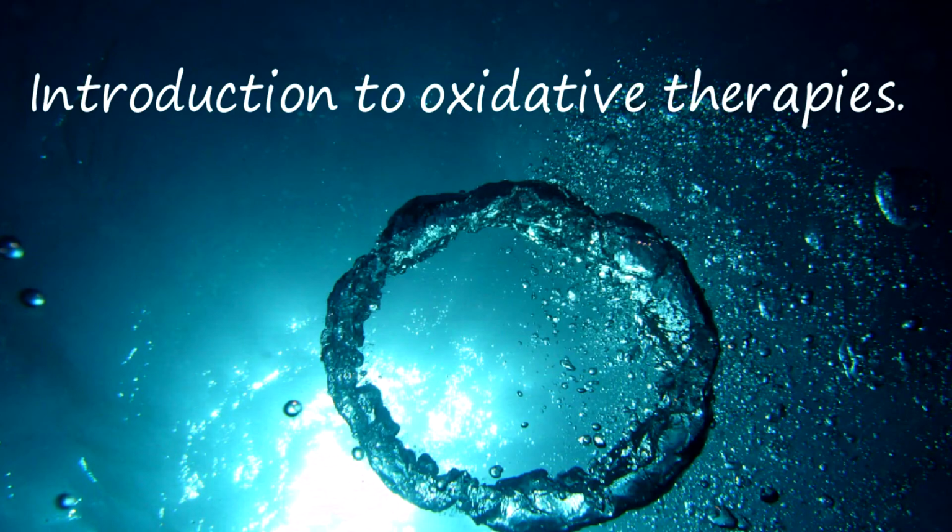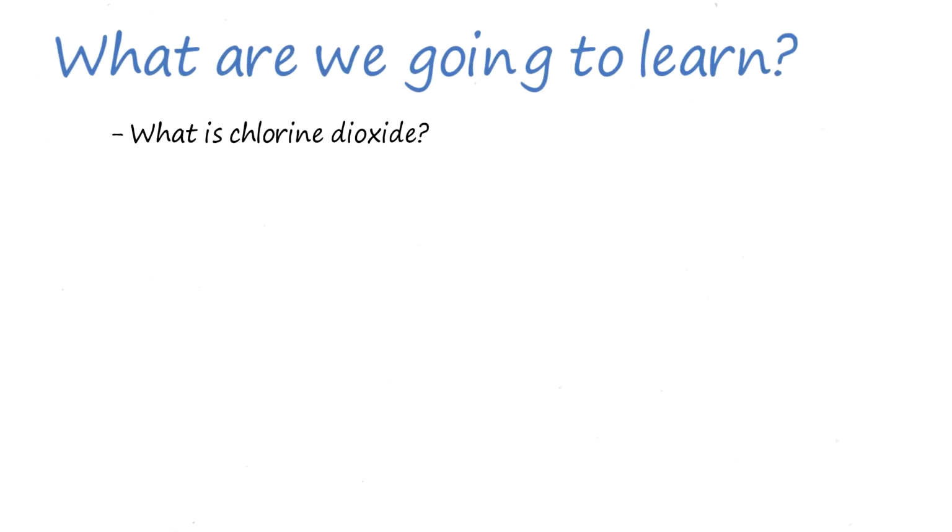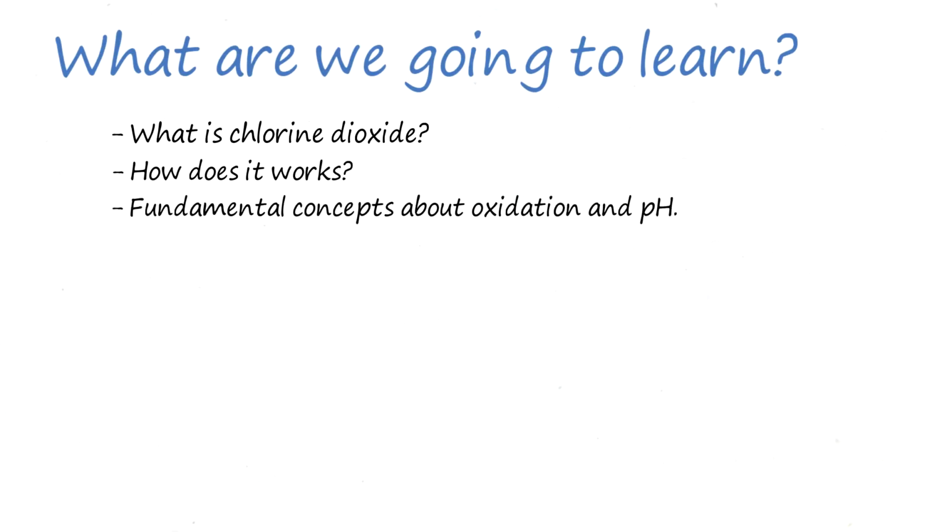Let's get started. What are we going to learn? First of all, we find out what chlorine dioxide is, what its properties are and how it works, fundamental concepts about oxidation and pH, and the story behind its discovery.